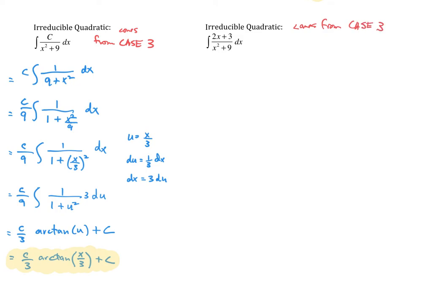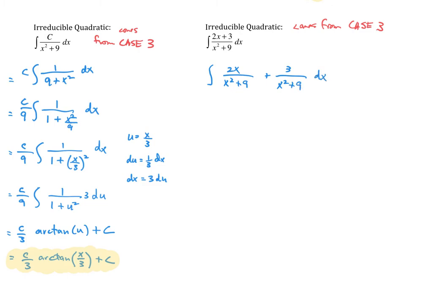Okay. So the way that we handle this is pretty straightforward. We're going to split this into 2. So I'm going to take this integral and split it into 2x over x squared plus 9 plus 3 over x squared plus 9 dx, like this.